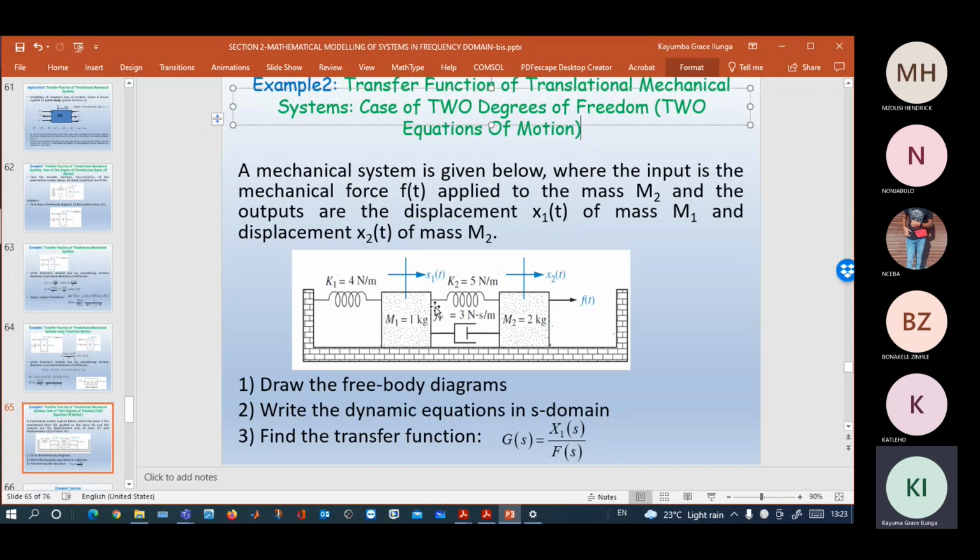So it means that there is the force of this one also that's acting on this mass, and the force of the other one. So it's in between two forces. As we are considering these masses, we need to subtract the force that's coming from the displacement x2(t). So remember, it's almost the same thing as what we do when we're doing two loops.